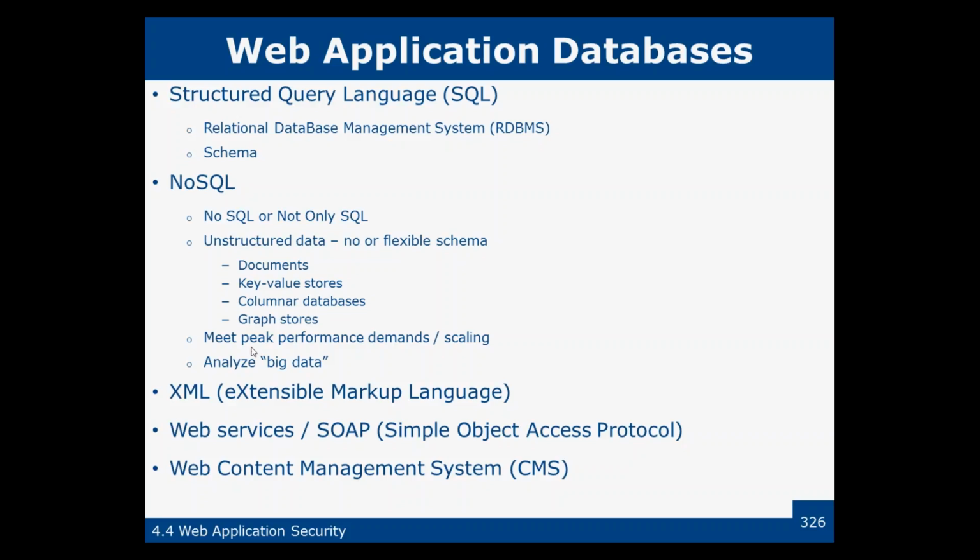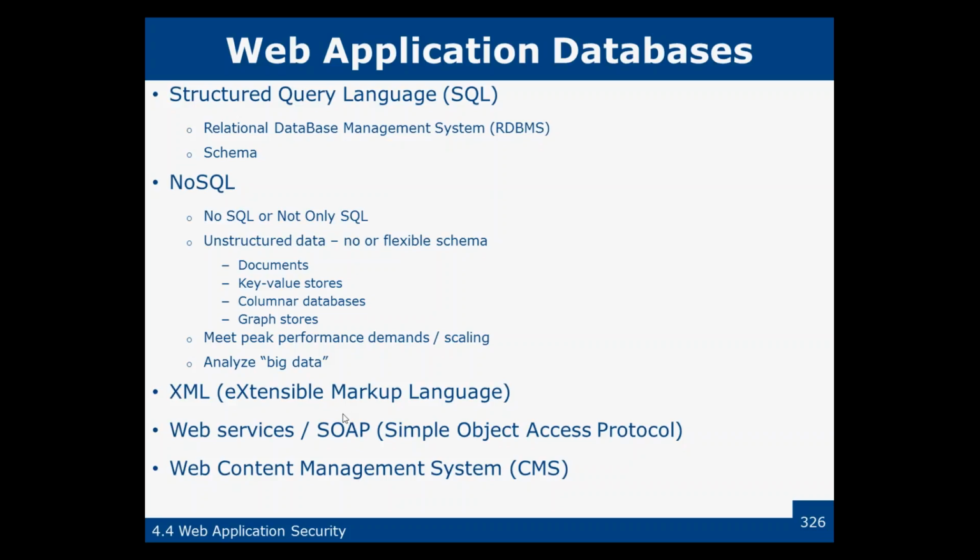And it has graph stores. The NoSQL can meet peak performance demands and analyze big data. Big data being unstructured data, because it comes in so fast and gets affected to the point that you really can't put it in a structured format.